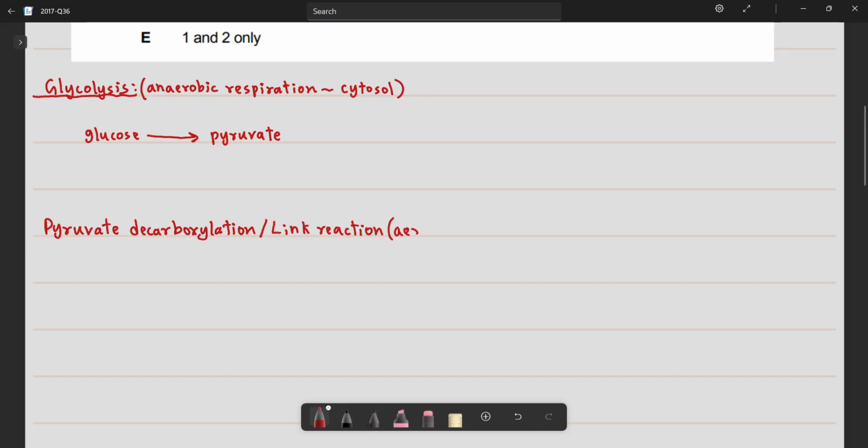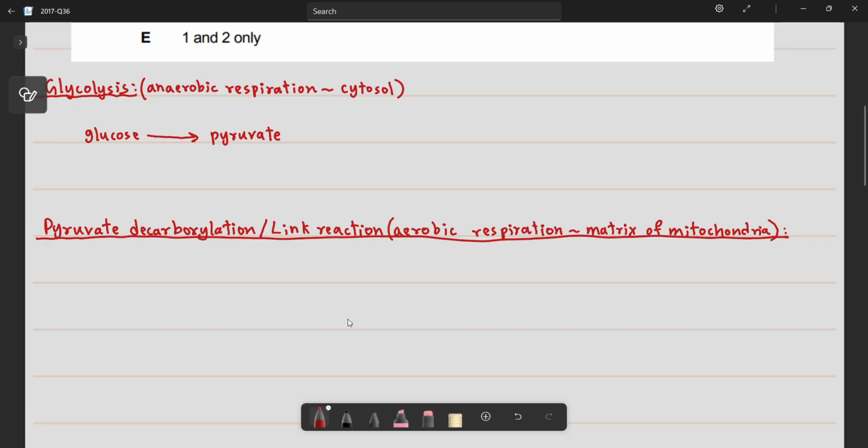But first, you must know that this occurs in aerobic respiration, and this reaction occurs in the matrix of the mitochondria, which is the powerhouse of the cell. Okay, mitochondria. So this is where the reaction, pyruvate decarboxylation, takes place.